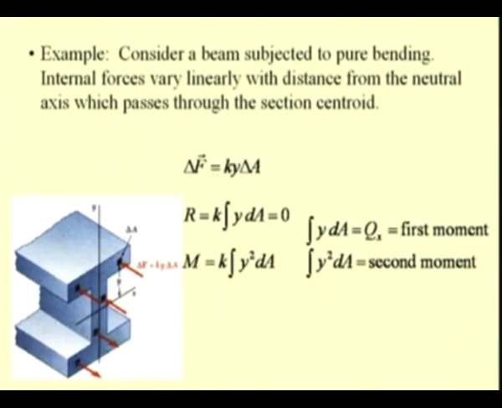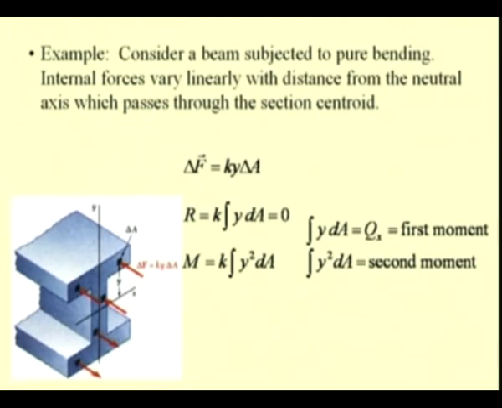If we want to find the resultant, we sum all these, that is integral delta F, which is, k being a constant taken out, k integral y dA, and since this geometry is symmetrical about this axis, this first moment integral y dA is 0, and thereby the resultant becomes 0.